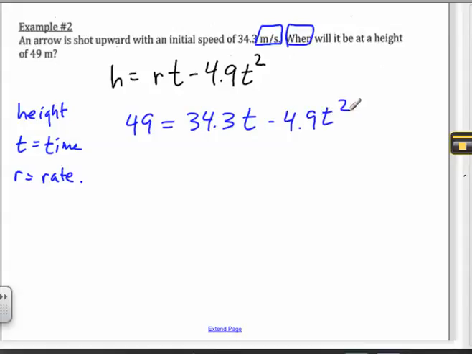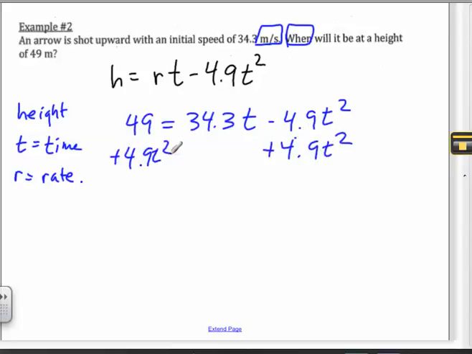Now, what do I need to do first, Eric? Minus the 49. No. You're exactly right. But you know what? I don't want to minus the 49, and the reason is because this one is negative. I want the number in front of the t squared to be positive. So instead of moving everything to that side, I'm going to move it to the left. I'm going to add 4.9 t squared.